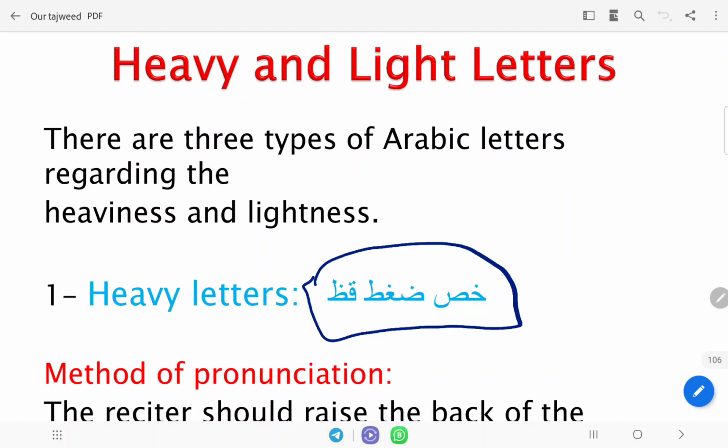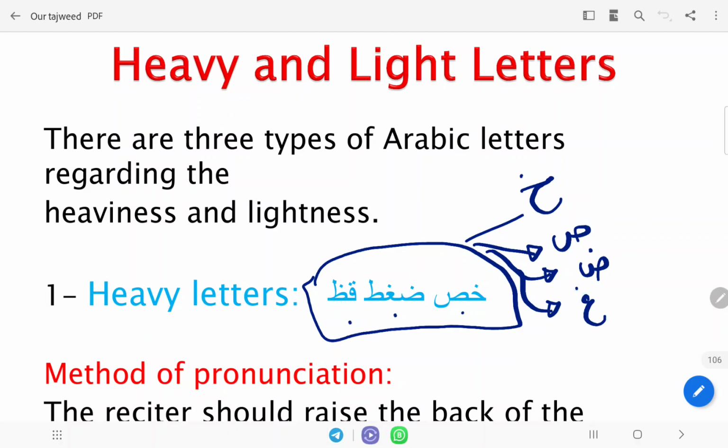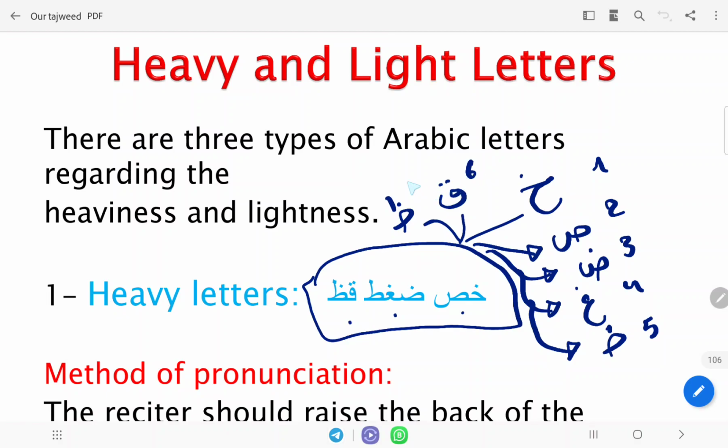These are 7 letters: the letter خاء, letter صاد, letter ضاد, letter غين, letter طاء, and letter قاف and ظاء. خاء, صاد, ضاد, غين, طاء, قاف and ظاء.